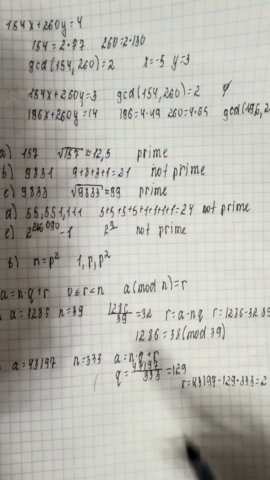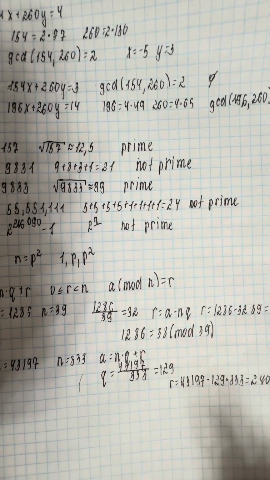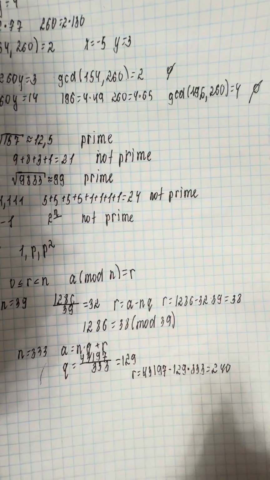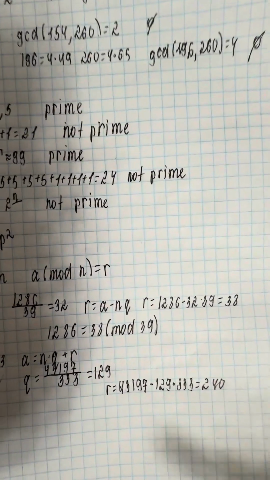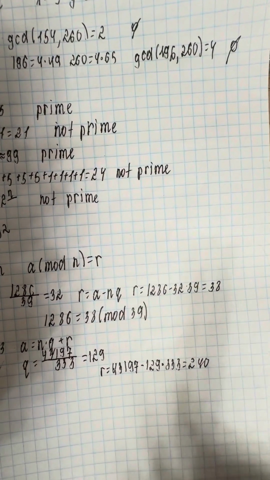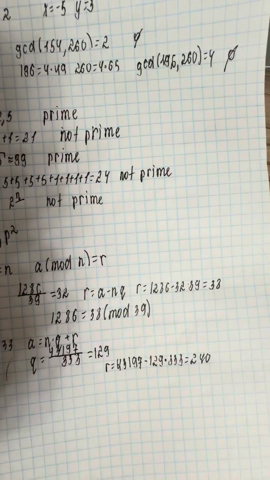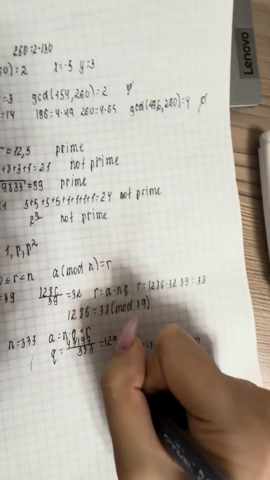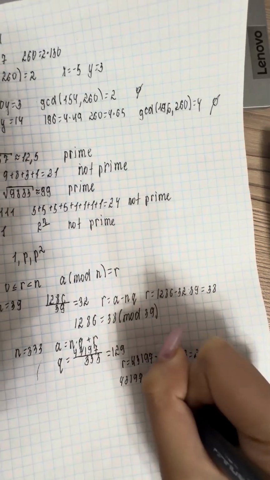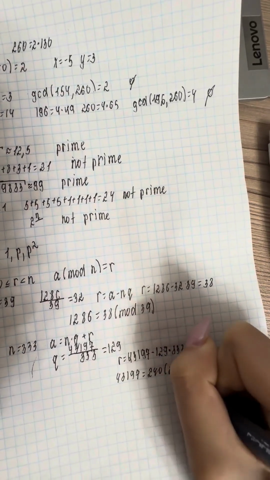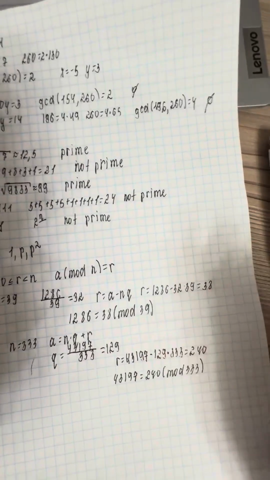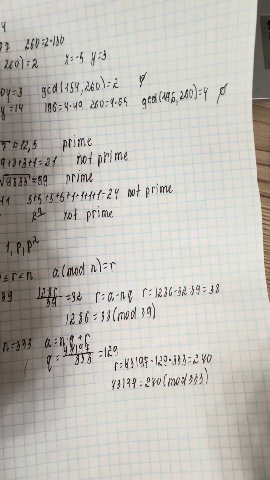Q is equal to a divided by n, rounded down, 129, and we find the remainder equal to 240, and the answer is equal to 240.